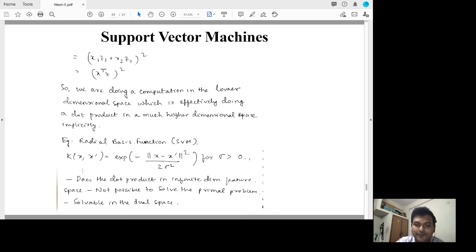This formulation is not possible for you to solve in the primal space. You can only solve it in the dual space. This is known as the radial basis function, and it is the most widely used kernel function for SVMs, where sigma is the only parameter.